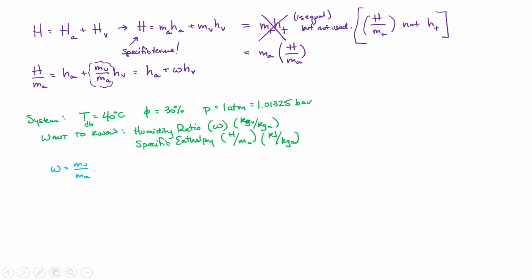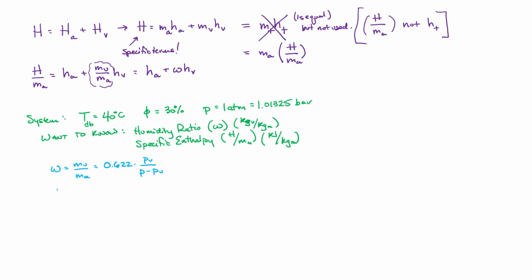I haven't been given any information about that. I also know it's equal to 0.622 times the pressure of my vapor divided by my pressure minus my pressure of my vapor. So I don't have my vapor pressure yet either, so I'm going to need to turn to something else for that.